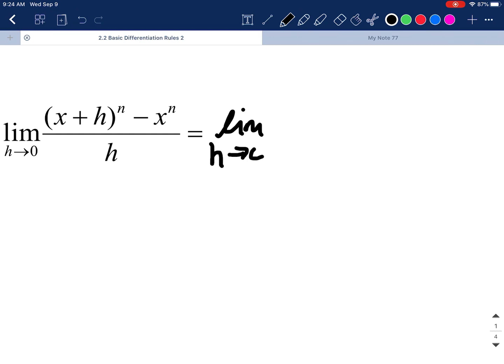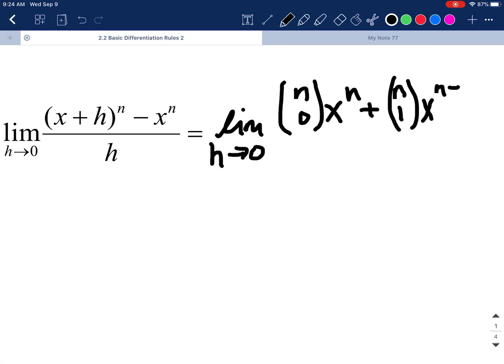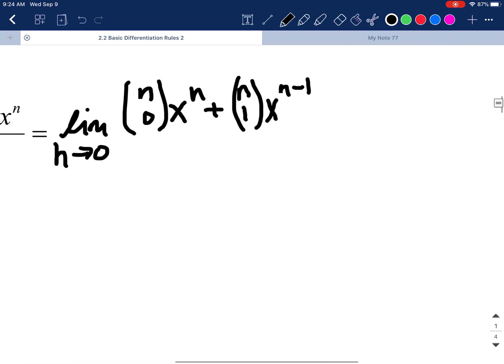So we'll do limit as h goes to 0, and again it's n, so I'm going to start with n choose 0 times x to the n plus n choose 1 x to the n minus 1 times h to the first, right? So I subtract 1 degree from the x, and then I add 1 degree. If I add those together, I'll still get n.